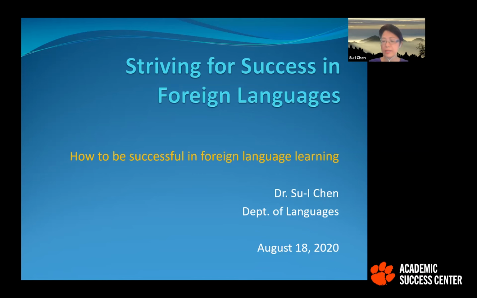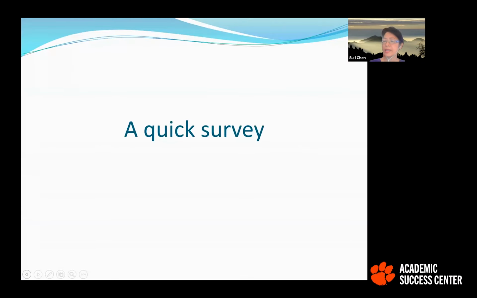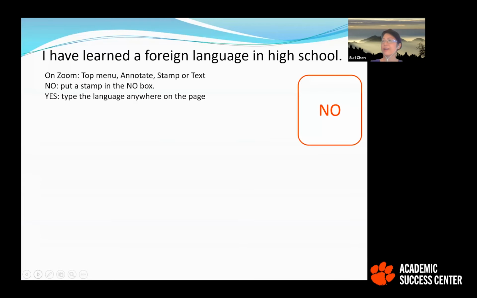Before we start, let's have a very quick survey. If you have learned a language in high school, when I share, you can see on top there's a "More" option, and you can find an annotate function.